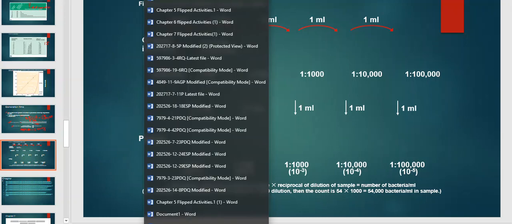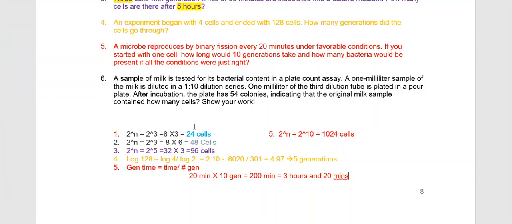So when we go back to our question, a milk sample is tested for bacterial contents in a plate count assay. A 1 ml sample of the milk is diluted in a 1/10 dilution series, like we saw on the PowerPoint slide. 1 ml of the third dilution tube is plated in a pour plate. After incubation, the plate has 54 colonies, indicating that the original milk sample contained how many colonies?